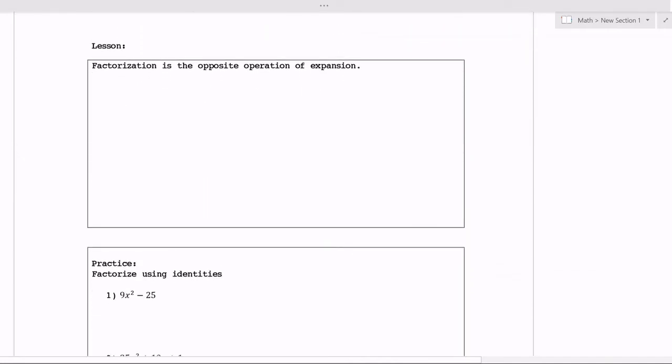Factorization is the opposite of expansion, and you've done it before. The type of factorization that you've done is something called common factoring. So if I have a question that is 2x plus x, we are able to find something that is common between those two terms, in this case x.